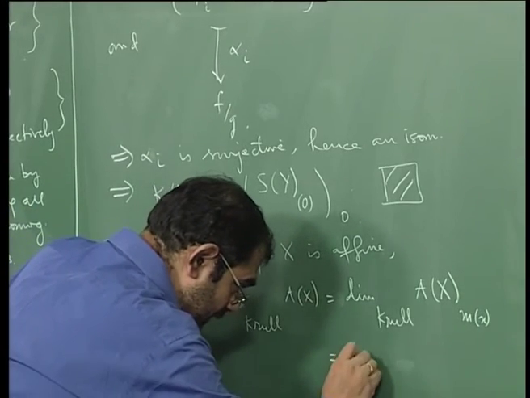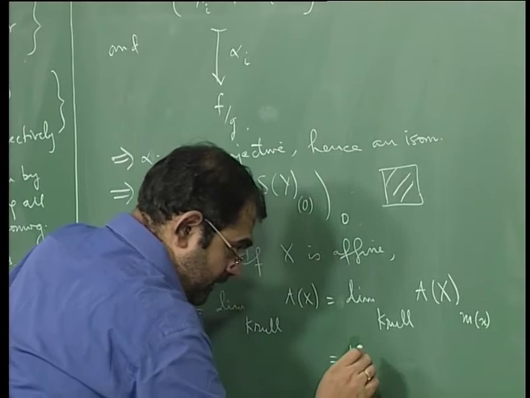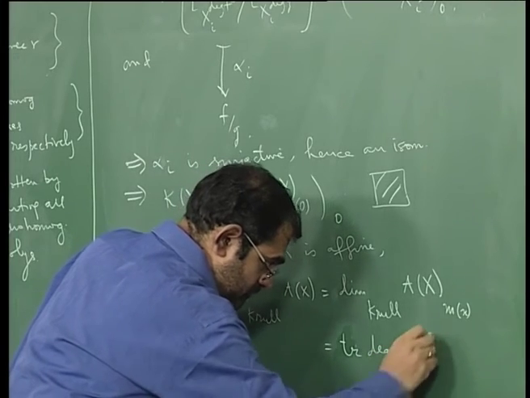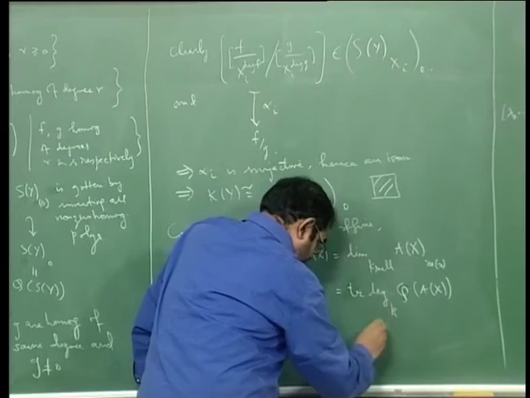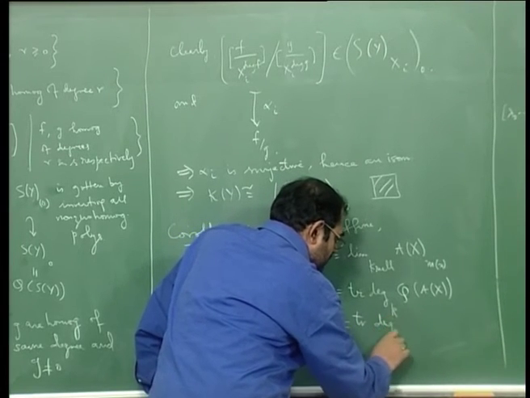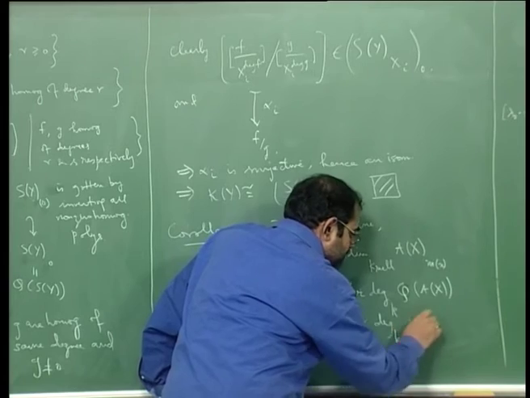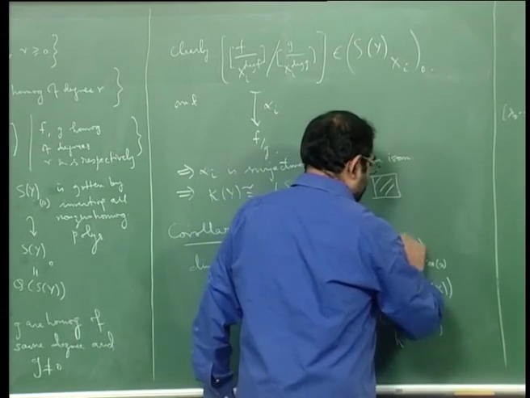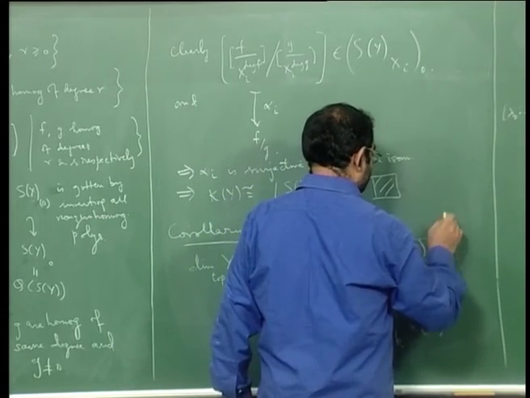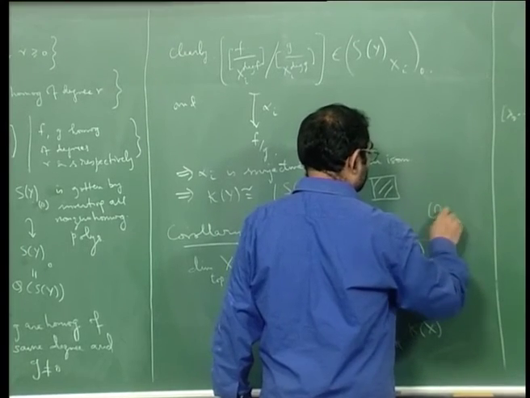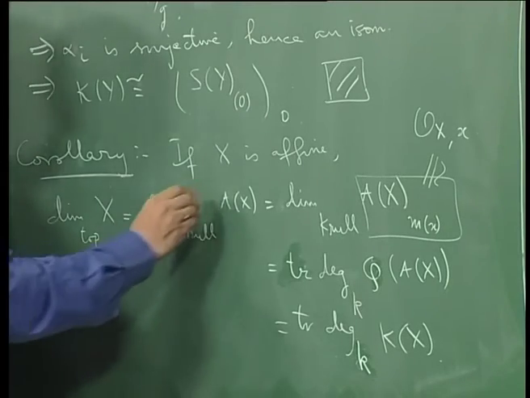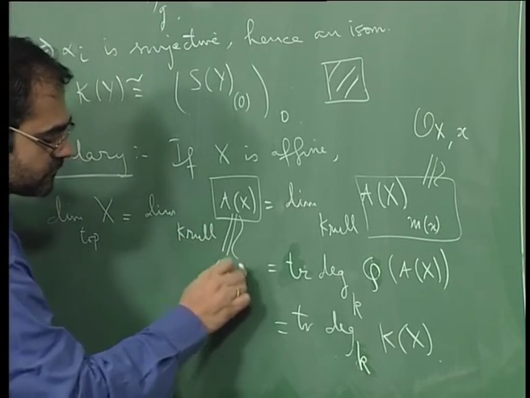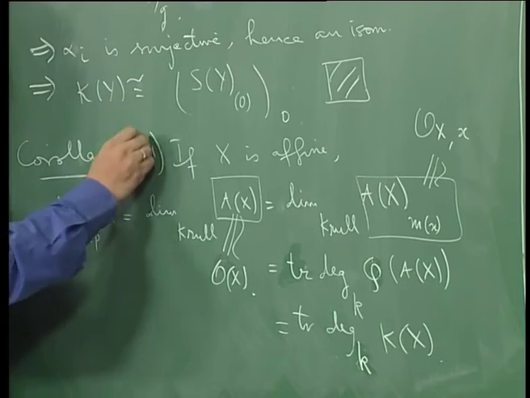This is also equal to the transcendence degree over small k of the quotient field of A_X, which is the same as the transcendence degree over small k of the function field of X. And mind you that this guy is isomorphic to O_x, and this guy is isomorphic to O_X.